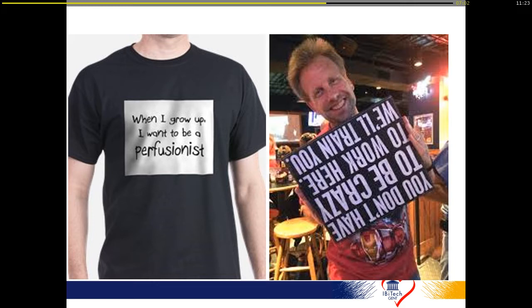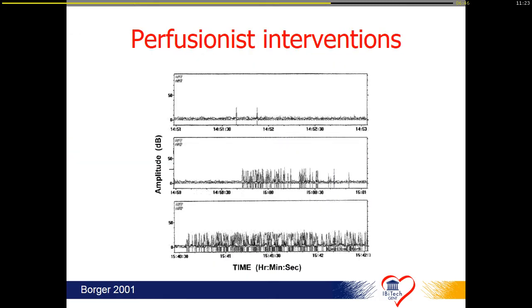But there are circumstances where students, after a few months, have to work alone, even in emergency cases, because of lack of staff, or other problems. And we should be aware that the perfusionist by itself is also an important cause of GME generation. And for example, in this study, they were looking by TCD to the brain vessels. And as you can see, this is the situation where everything is going smooth. Nothing is happening.